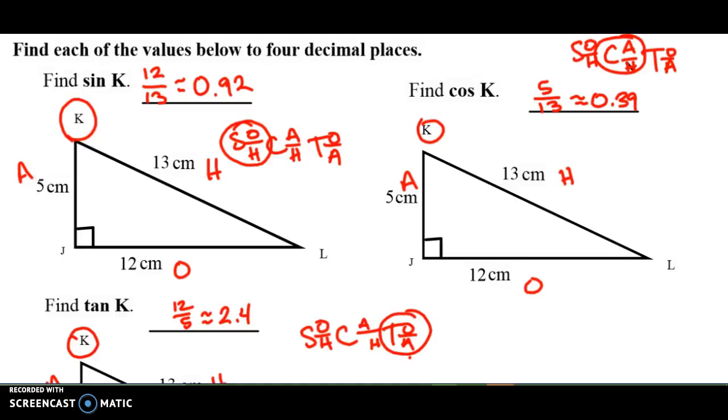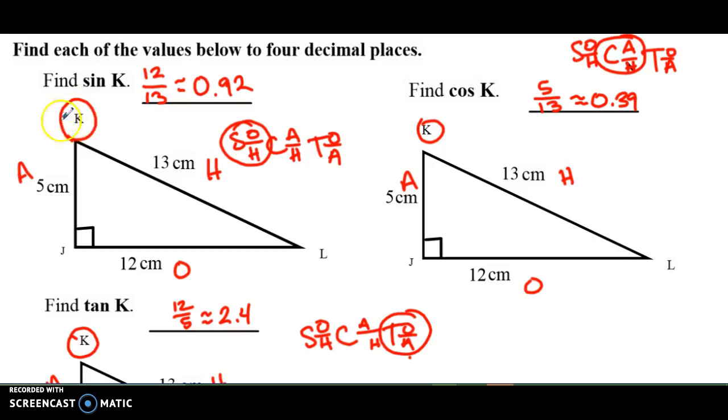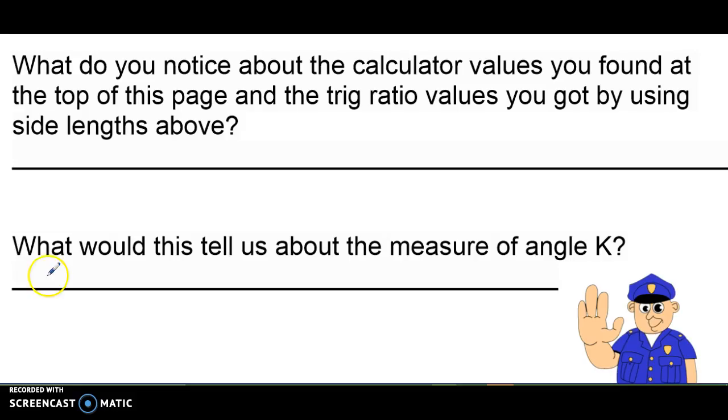Well, originally we are finding the value of sine 67 degrees, cosine 67 degrees, and tangent 67 degrees. I would say that's a pretty good guess then that this sine K, if it's also 0.92, this K measures 67 degrees, or about. So that would tell us that the measure of angle K is about 67 degrees.